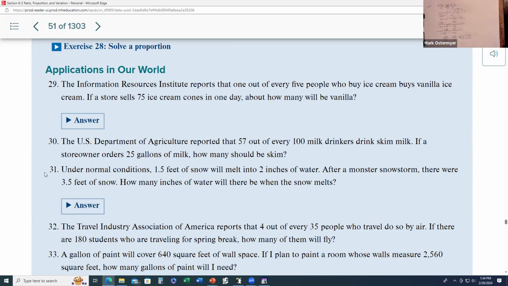Number 30, ladies and gentlemen, I want you to do this problem right now for classwork. It involves setting up a proportion to answer the word problem. Number 30. We'll call it classwork. I think we're up to 4 now. Classwork 4. Go ahead. Problem number 30. Set up a proportion and answer that word problem.